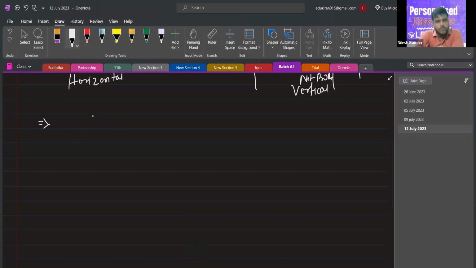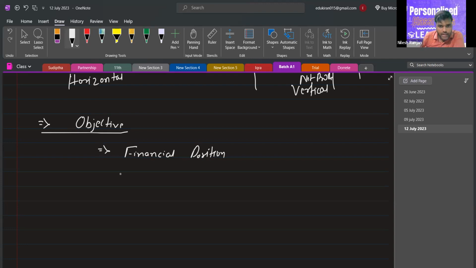So financial statement is a statement which is prepared to know the financial position and financial performance of an enterprise or of a company. There are two main objectives, you can say. There are some other objectives also, but the two main objectives are to know the financial position and to know the financial performance.